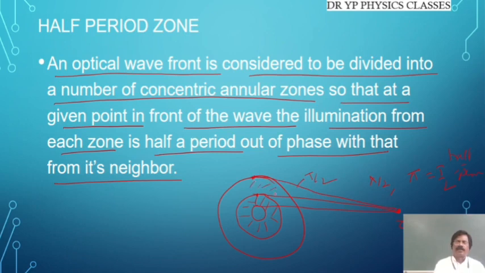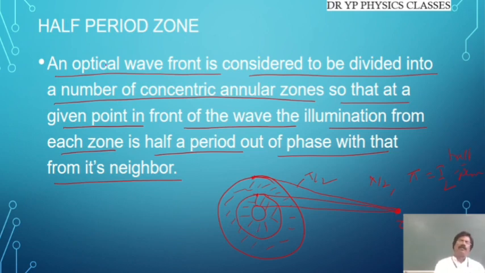So the area enclosed here is also a half period zone. Similarly, for any number of concentric circles you draw, light reaching the point O differs by a phase of T by 2. Therefore, the area enclosed by two consecutive circles is what is called a half period zone.